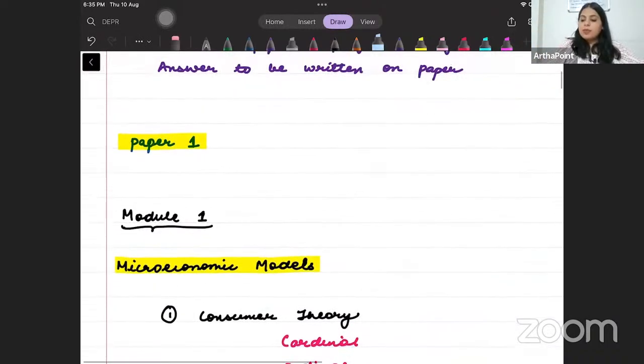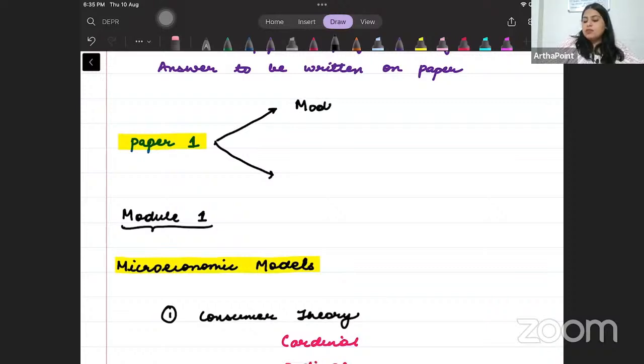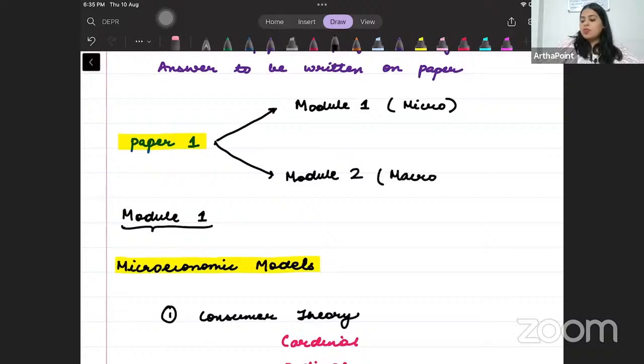Paper 1 is divided in two modules. So paper 1 के अपने आप में दो modules हैं, module 1 and module 2. Module 1 is microeconomic models and module 2 is macroeconomic models.